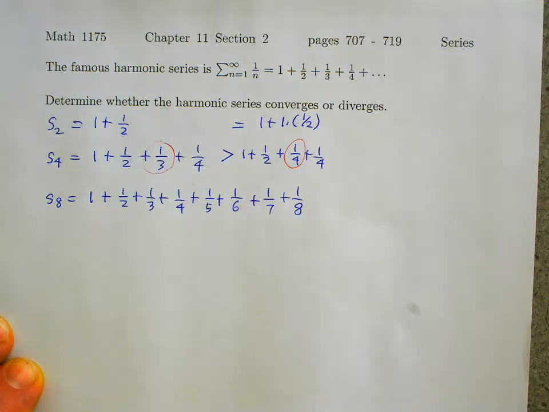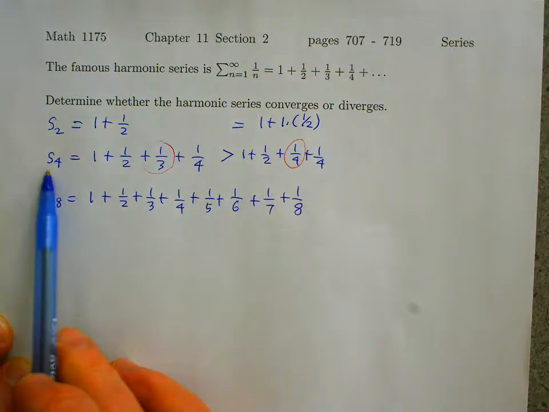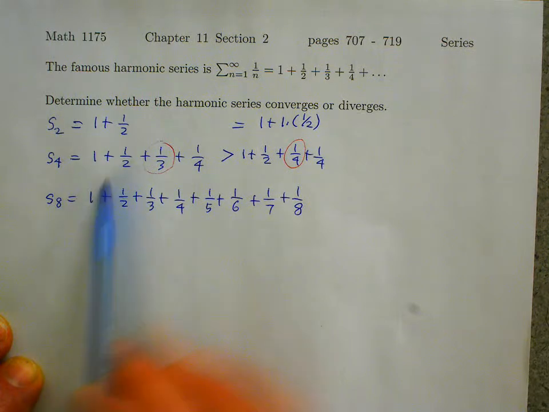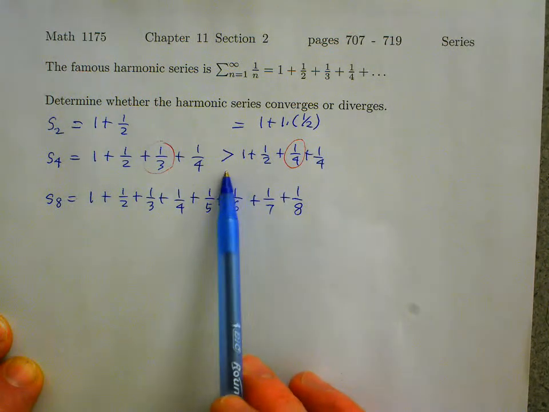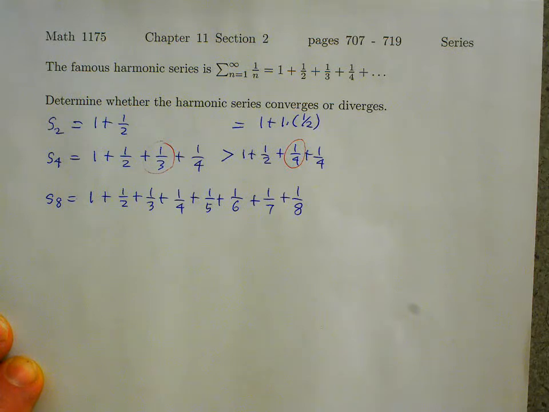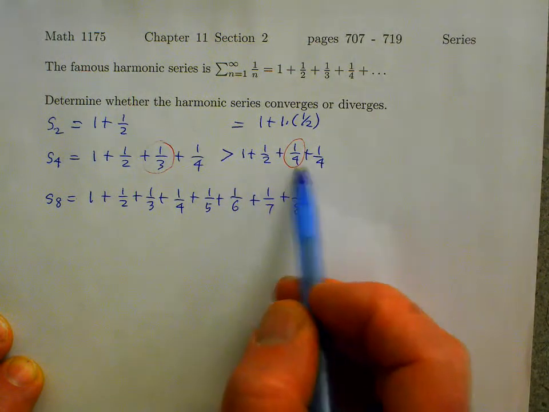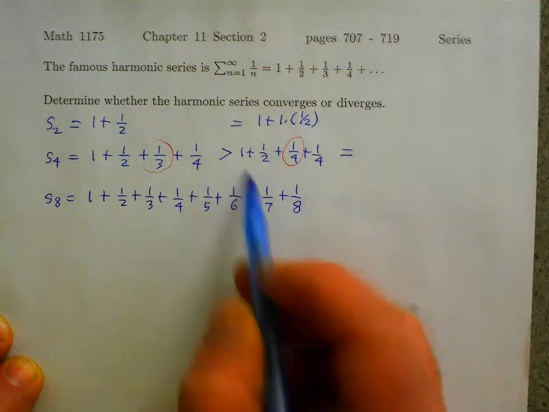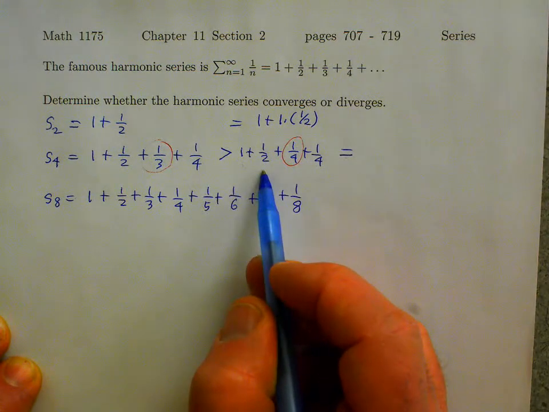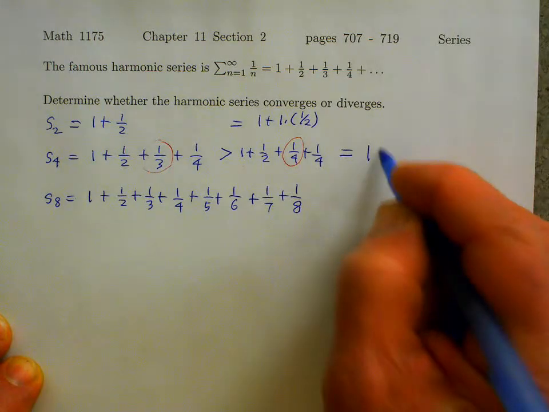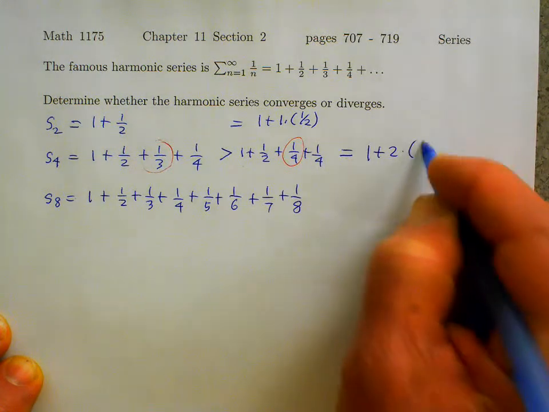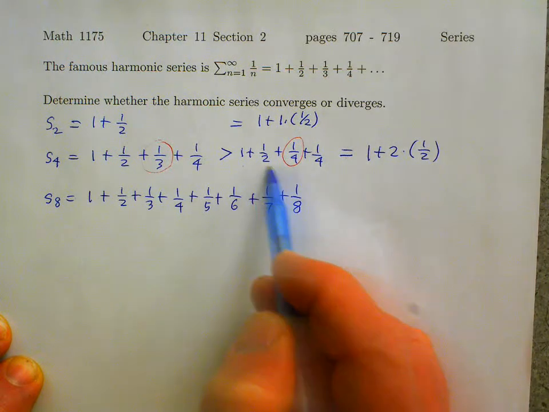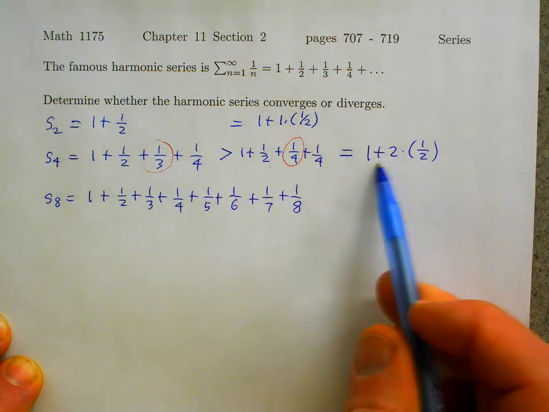And 1/3 is greater than 1/4, so the fourth partial sum of the harmonic series is greater than this. But notice that 1/4 plus 1/4 is 1/2. So this is 1 plus 2 times 1/2, because I have 1/2 plus 1/2.